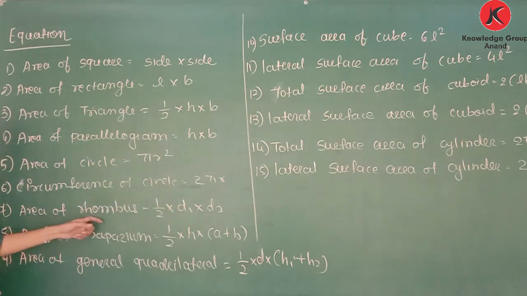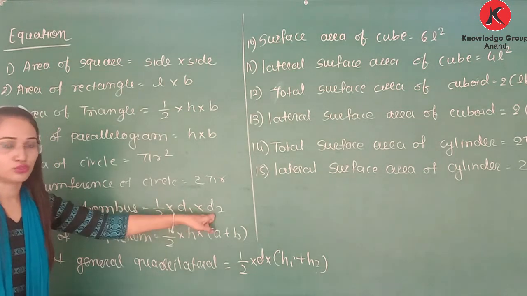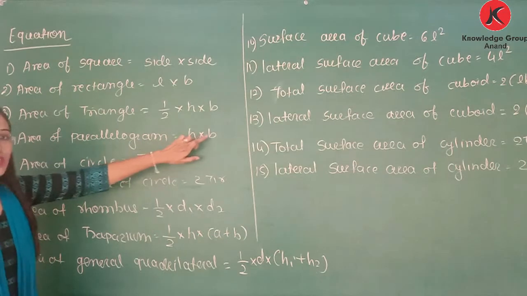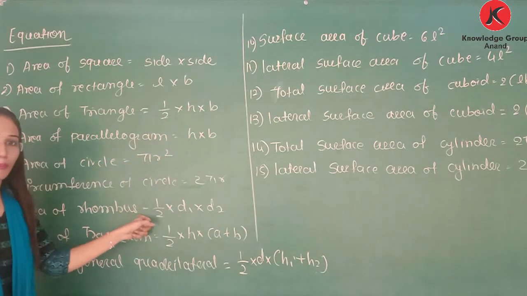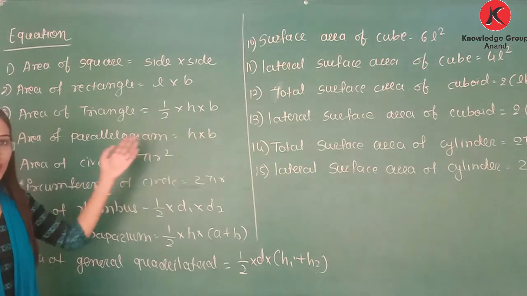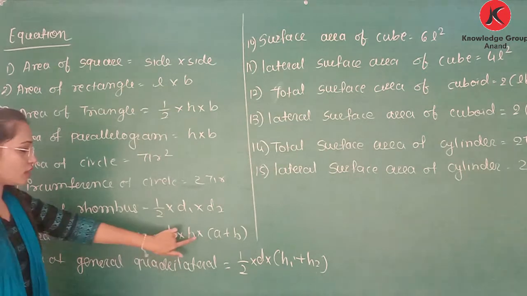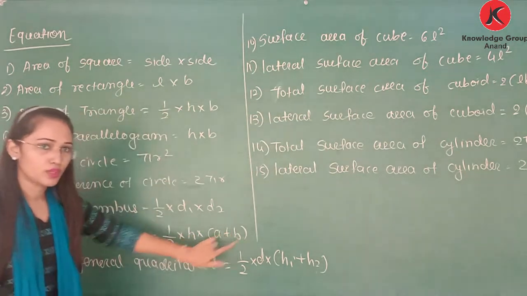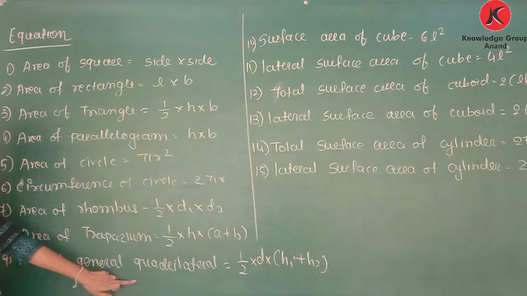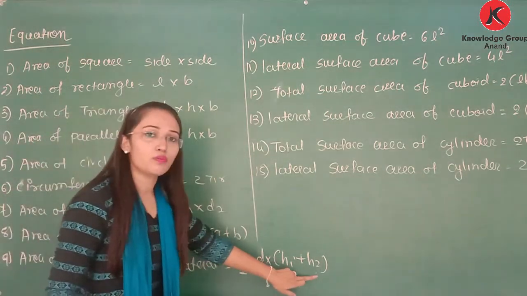Then area of a rhombus, that is 1 by 2, diagonal 1 and diagonal 2. You can consider height multiply base as the area of a rhombus if height and base are given. Height is the altitude. Area of a trapezium, 1 by 2, height times a plus b. Area of a general quadrilateral, that is 1 by 2, diagonal times height 1 plus height 2.